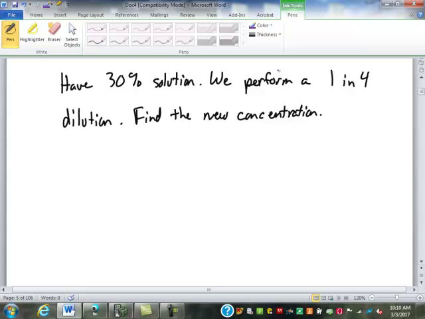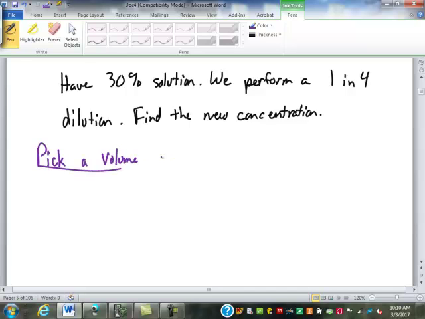So if we have a 30% solution, now remember, going back to what we did before, that 30% solution contains a certain amount of active ingredient, and then the rest of it is most likely saline, a neutral substance. So let's pick an amount. We don't have an amount given, but in order to do this dilution at this level, we're going to pick a volume.